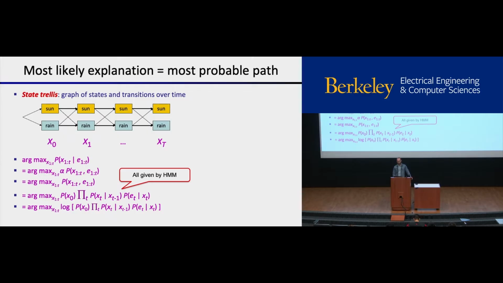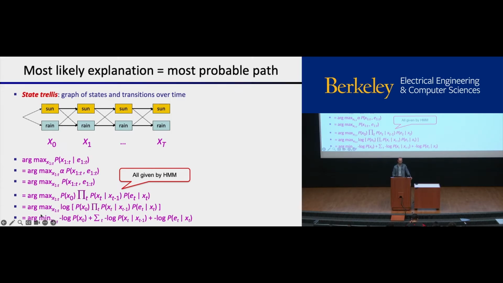And if we want to make this look like a shortest path problem, the way we do it is we take the logarithm of this. Maximizing a function is the same as maximizing the logarithm of the function, because the function always increases when the logarithm increases and vice versa. And so if you distribute this logarithm through, the products become sums. If we take the negative, now it's an argmin.